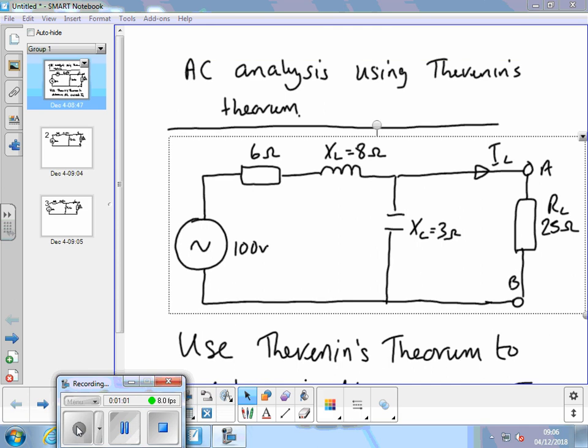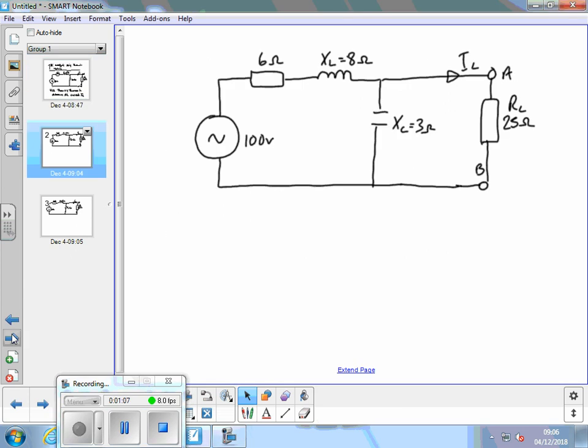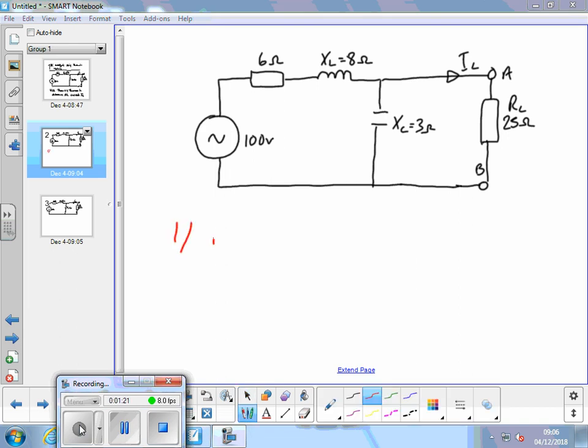Right guys, what's the first thing we do when we apply Thevenin's theorem? Yeah, we remove the load resistor. So that's part one of the method.